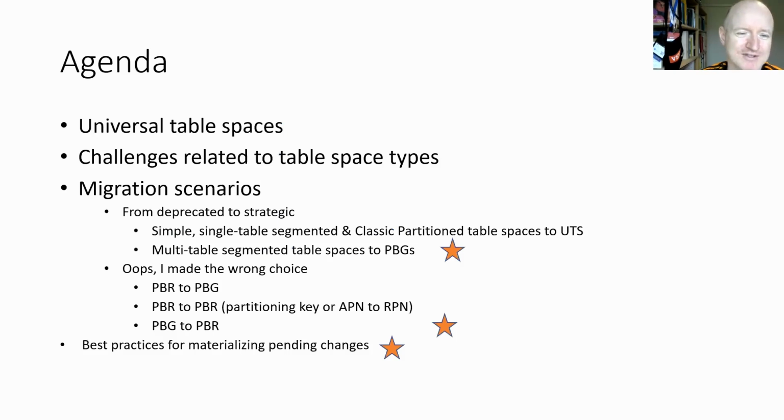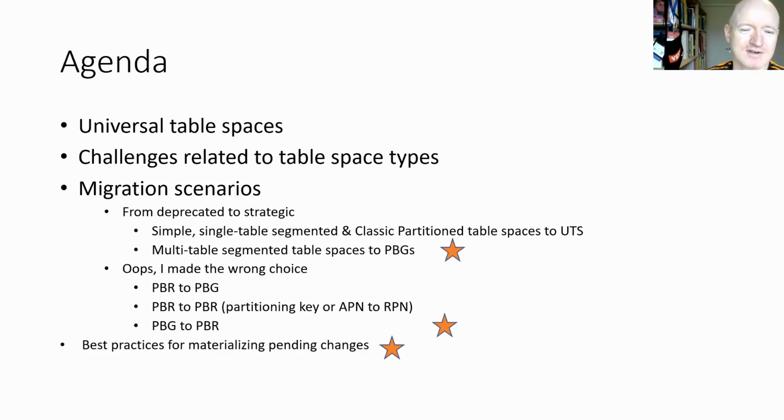First, I'll briefly mention what the possible table spaces are, and then we'll discuss some of the challenges related to tablespace types and why you want to migrate from one to the other. Then we will look at some of the migration scenarios, and there are basically two categories. One of the reasons why you might want to move tablespace types is you're moving from a deprecated tablespace type to a more strategic one.